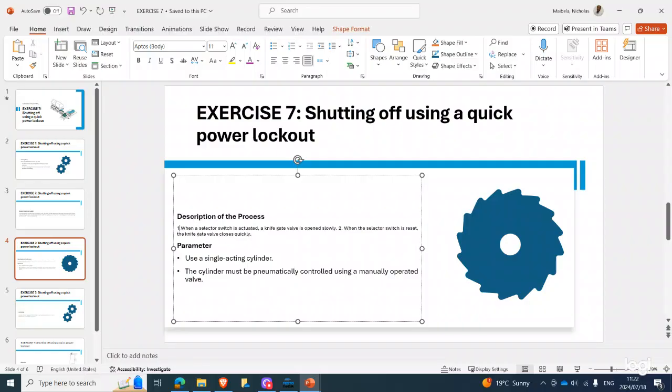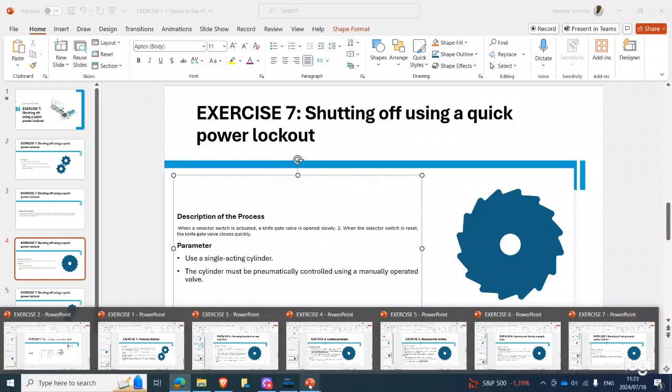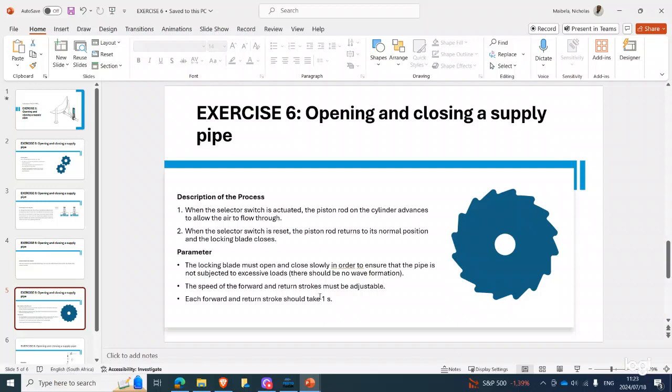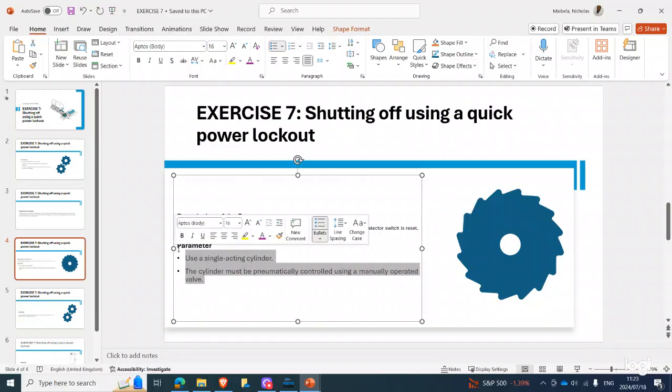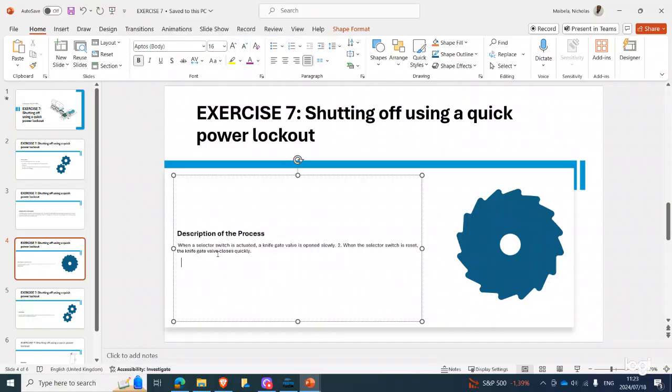So now they didn't give any parameters for this exercise. I apologize about that.